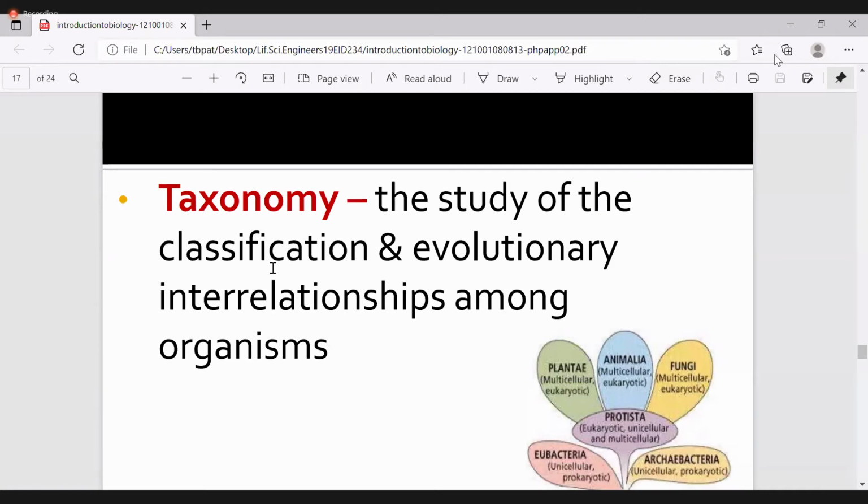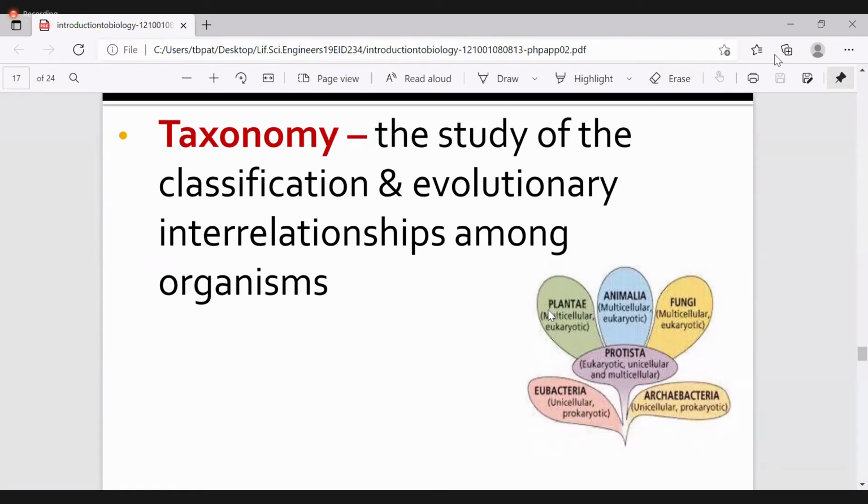The study of the classification and evolutionary interrelationships among the organisms: the plants, animals, fungi, archaebacteria, and the protista, eubacteria.